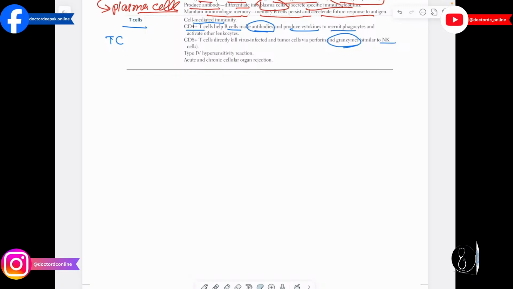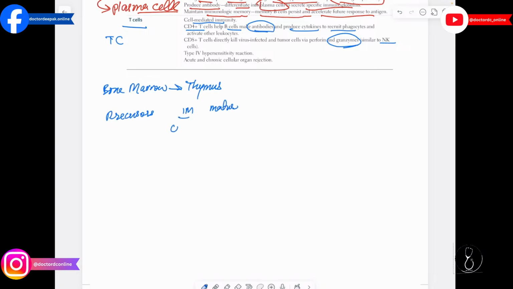Before moving to the next topic, we have to start the differentiation of T cells in a simple way. You know that in the bone marrow, the T cell precursors are formed and they go to the thymus. In the thymus, there will be immature and mature T cells.